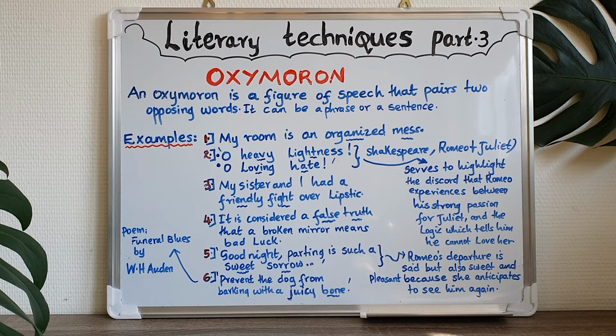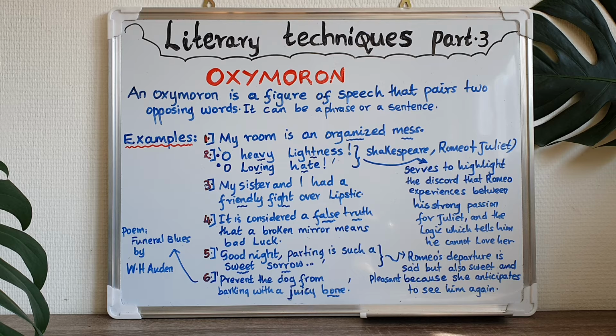And one of the most important literary techniques is an oxymoron. You obviously need to know the different types of literary techniques for maybe your commentary writing, your text analysis, maybe you're analyzing poetry in school. Maybe you're a literature student even at the university.